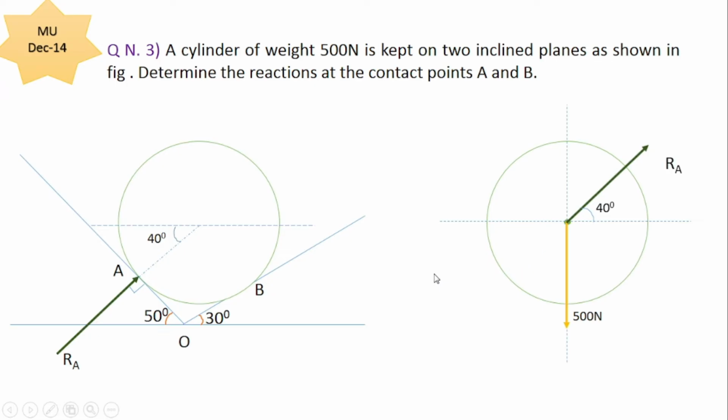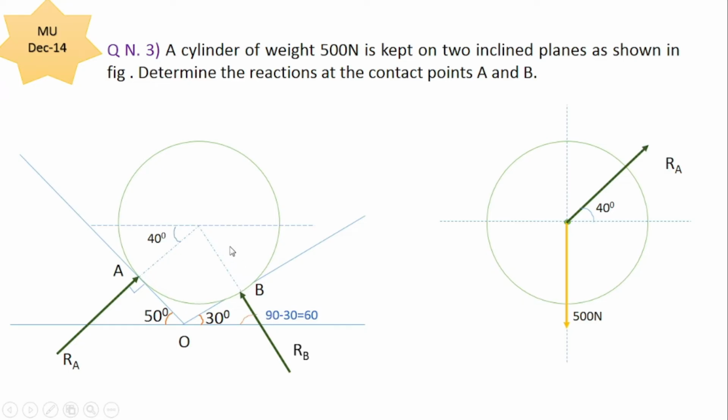After representation of RA, we will represent the reaction at point B. This reaction RB is perpendicular to this plane. Now the angle of this plane is 30 degrees, so the angle of the reaction will be 90 minus 30 degrees, which is 60 degrees. This reaction is passing through the center of the sphere and its direction is towards the center.